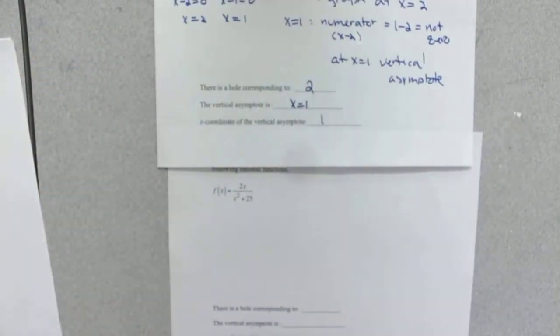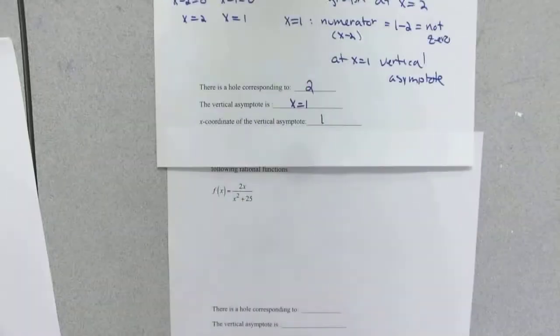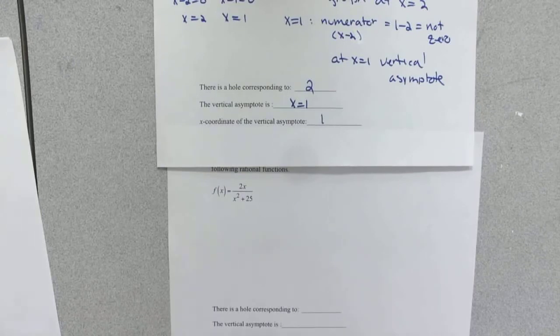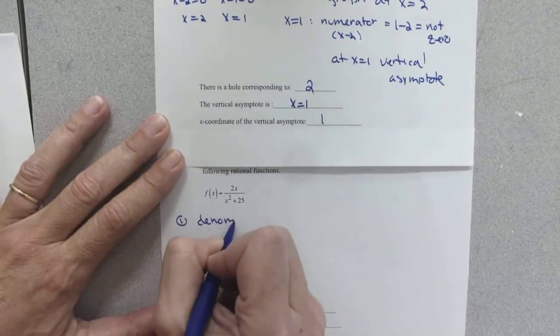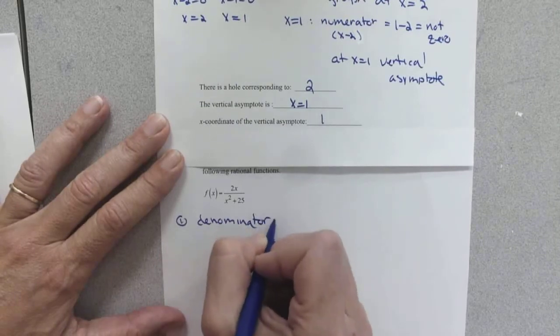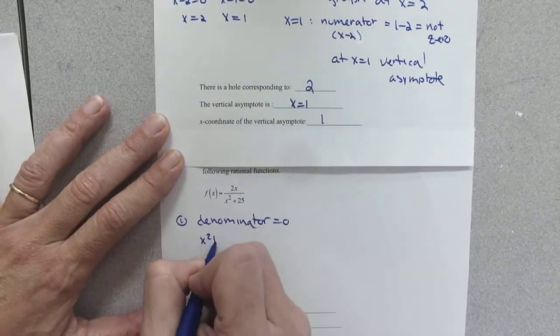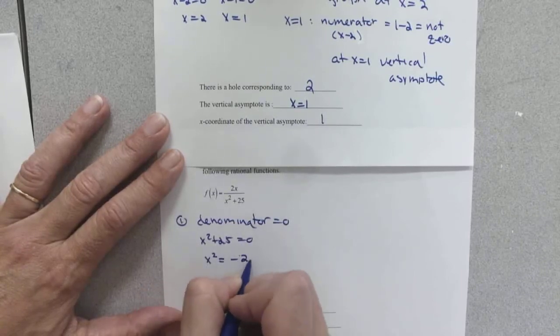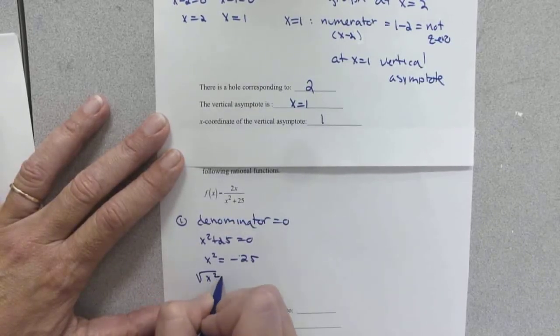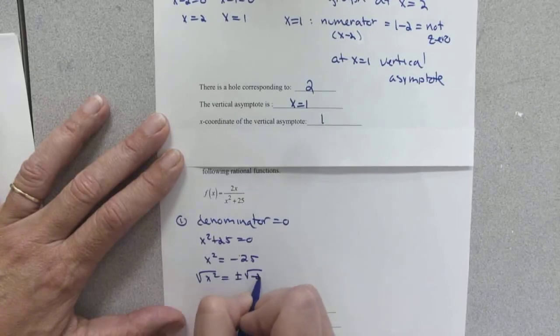One last problem on vertical asymptotes, and then we will move on. Find the vertical asymptote. Again, it's all about denominators. So I look at that denominator. I set the denominator equal to 0. So x squared equals negative 25.